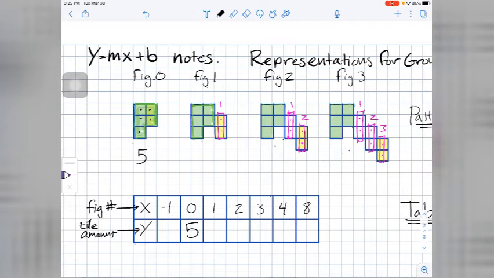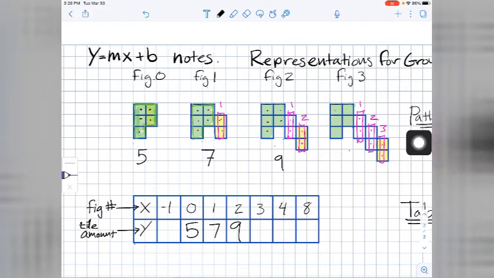In figure 1, there are 2 more. It's adding 2 tiles, so there are 7 tiles. 1, 2, 3, 4, 5, 6, 7. And so I'm going to write 7 in my table. In figure 2, there are the 5, and then there's 6, 7, 8, 9. So there are 9 tiles in figure 2. So I'm going to write that in my table too.